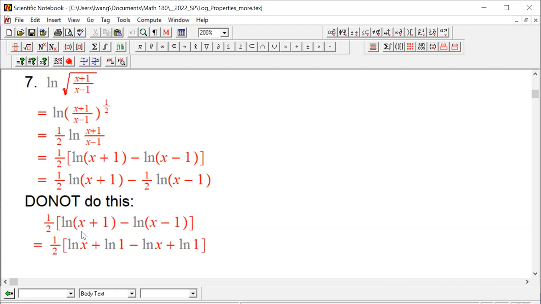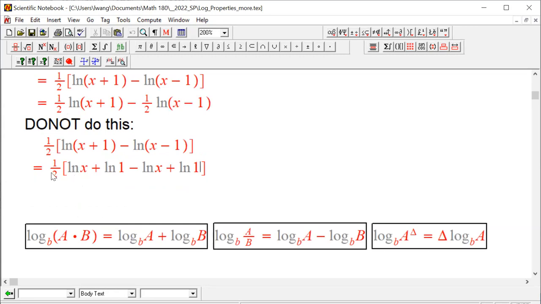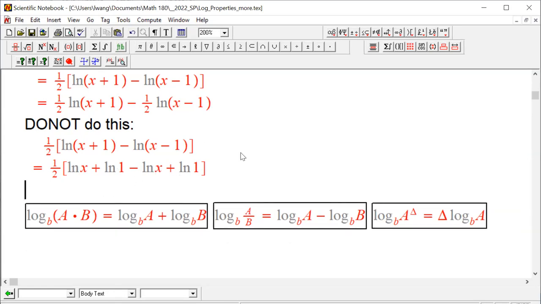Whichever version you do, this will be terribly wrong. Remember the common mistake session. This will be terribly wrong.